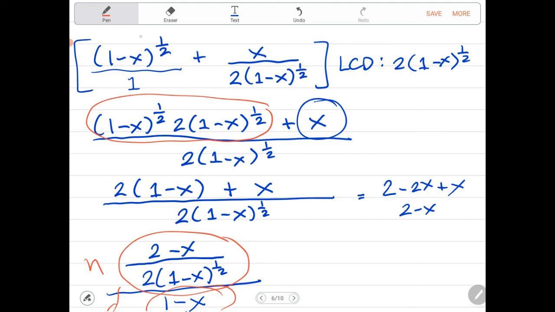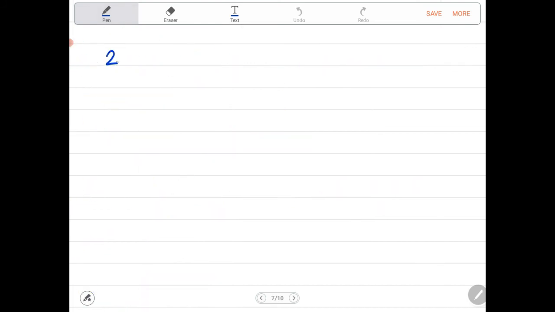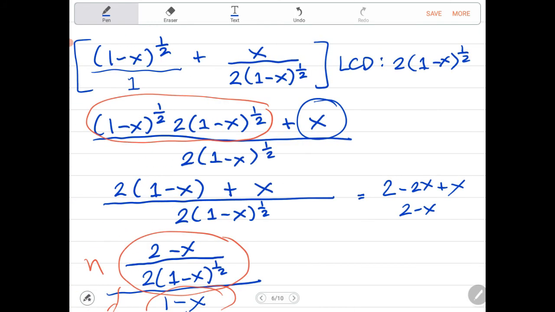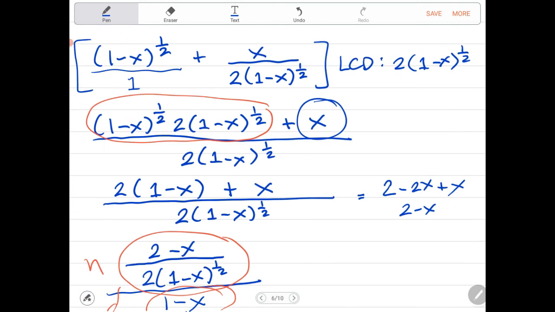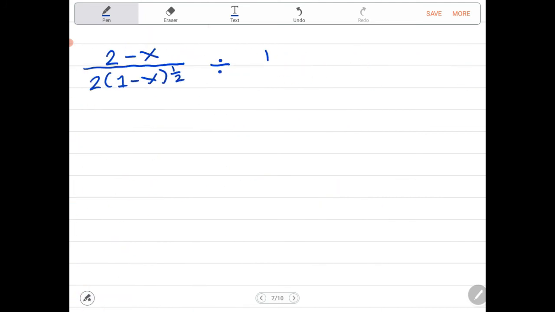We can rewrite it as, copy the numerator, 2 minus x all over 2 times 1 minus x raised to 1 half divided by the denominator, 1 minus x all over 1.